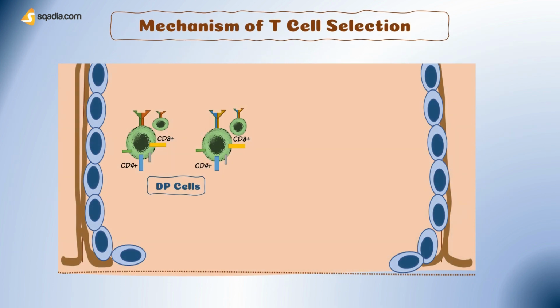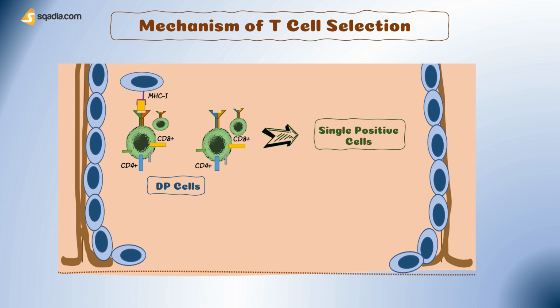But now there is another type of selection required for further T cell development, where the selected double positive or DP cells are transformed into single positive or SP cells. That means, at this stage, now the thymocytes have to decide their particular cell lineage, that can be either CD4+ or CD8+.